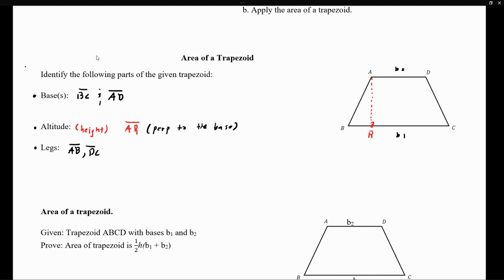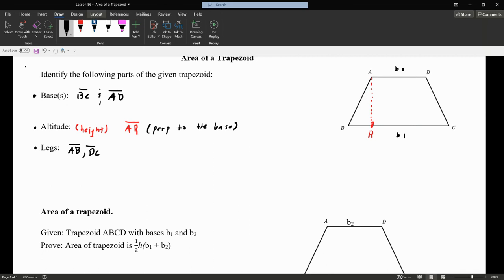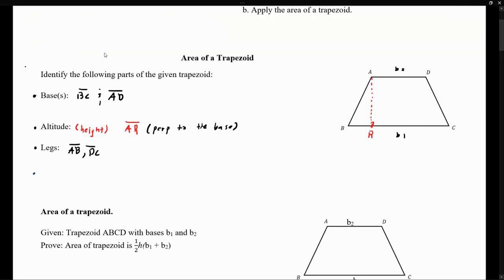Now, there's one more property about a trapezoid, which is not represented on this figure, but we definitely have to at least state it, and that is what we call the median of a trapezoid.